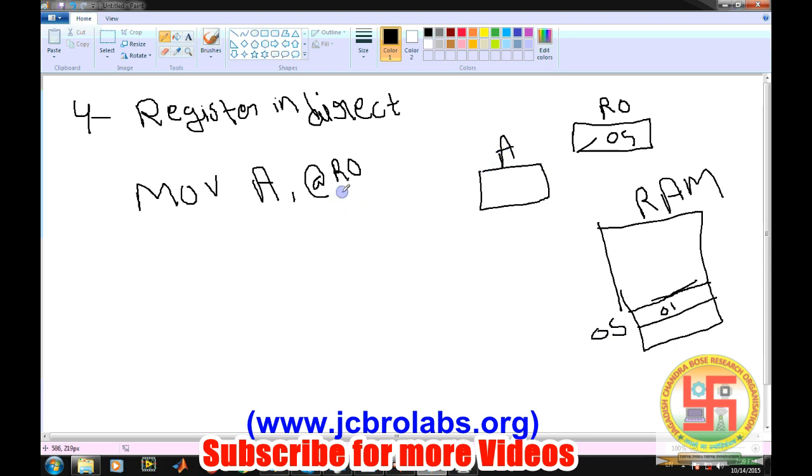So it is saying whatever data is there at the memory location pointed to by R0, move that data into the accumulator. So the content of the accumulator will become 1.